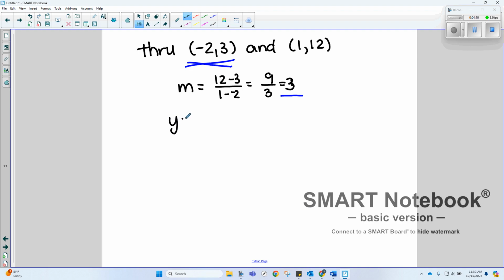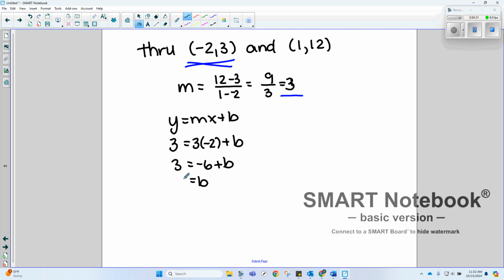So I'm going to just use the y equals mx plus b path, okay, saying y equals 3 from here. m is the 3 from here. x is negative 2, and b is equal to b.